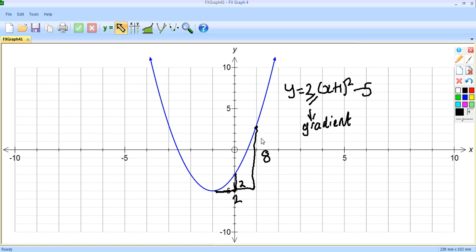It is twice as much as what we expected. So we can always work out what the gradient is, and that is the actual over what you expected it to be. And that there is the change in the gradient.